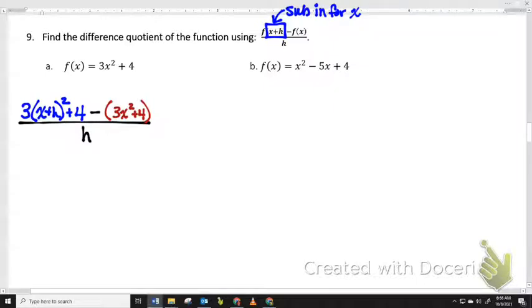Where do I start on the blue one? Distribute the 3? Is that what comes first in my order of operations? Oh no, we've got a square. We have to square it first. How do we square a binomial? Double distribute.